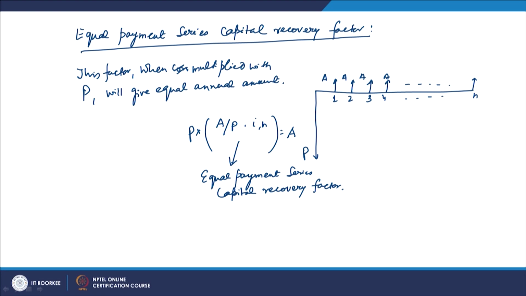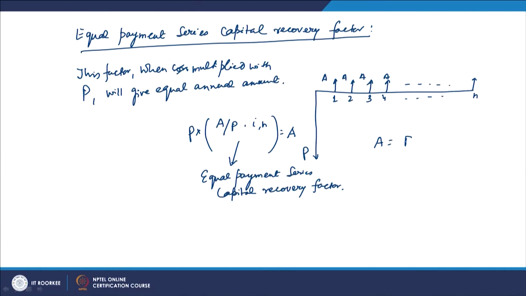So, how to get the expression for this? We know that earlier we discussed that A will be F into i upon (1 plus i) raised to the power n minus 1. We discussed the equal payment series compound amount factor and the present worth factor, and the sinking fund factor.